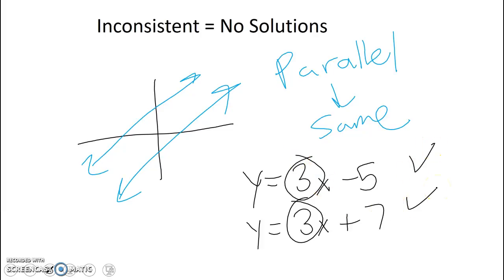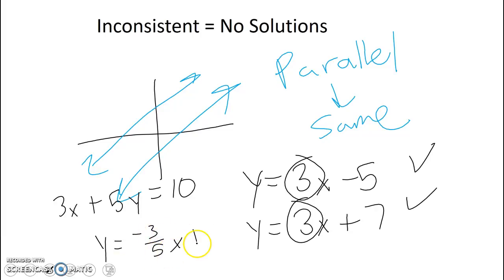Again, they're going to give you things like 3x plus 5y equals 10, and they'll give you probably something like y equals negative 3/5 x plus 4. And they'll want to know, are these things parallel? And again, you're going to take the exact same steps.